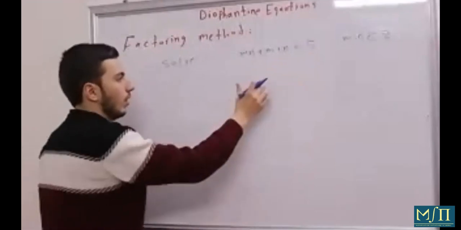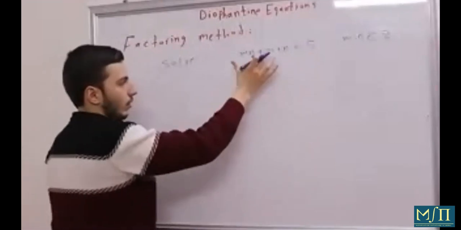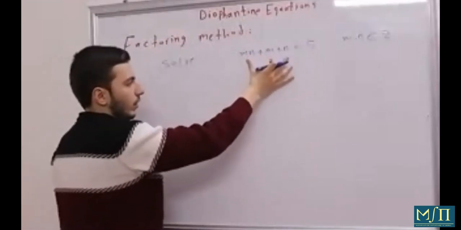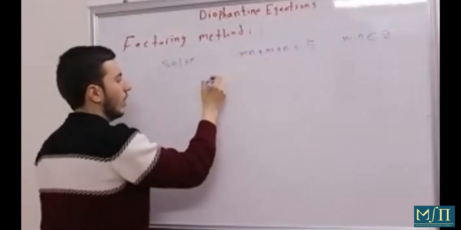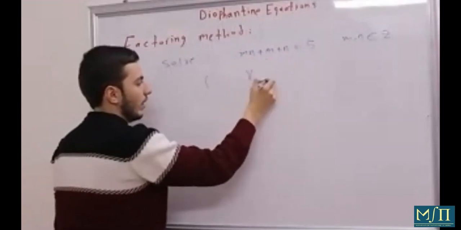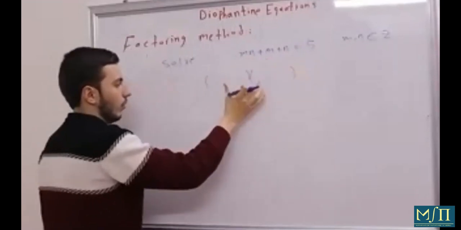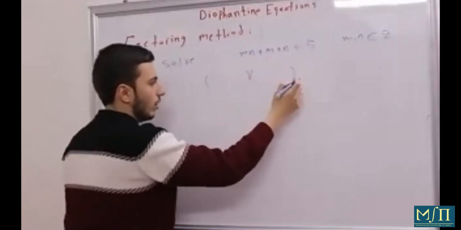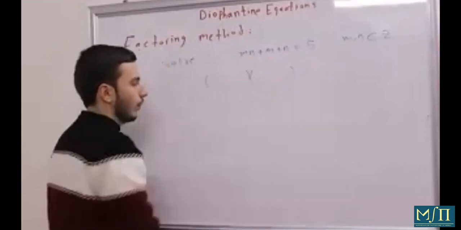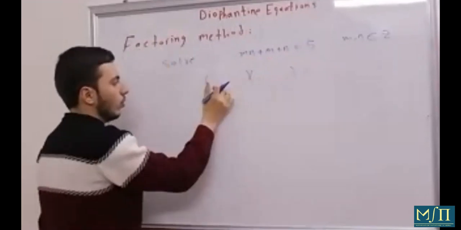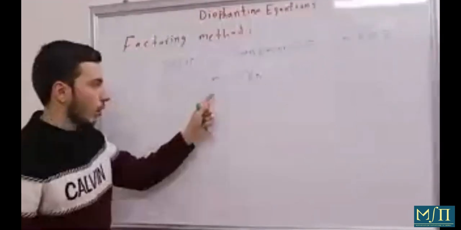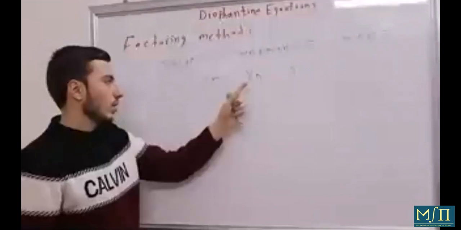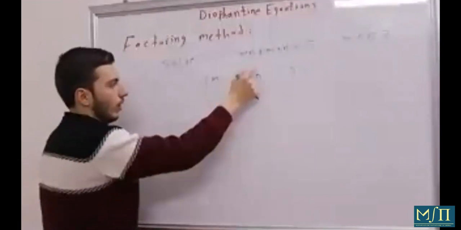So the idea is simple. Imagine that we have factored the left-hand side. We'll have it written as a multiplication of 2 expressions equals some integer. Here we should have m, right? And here we should have n. So now we have m times n. Now how can we get plus n?